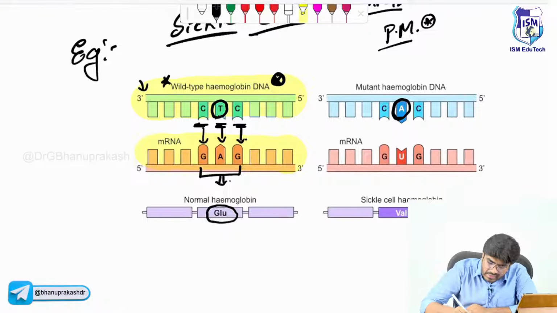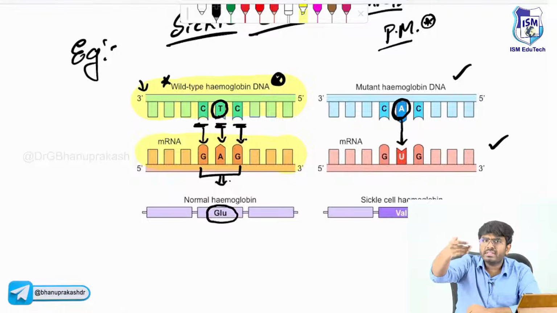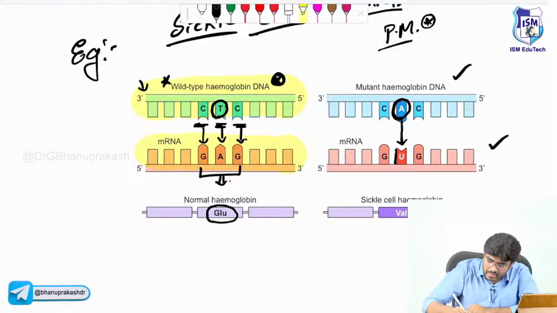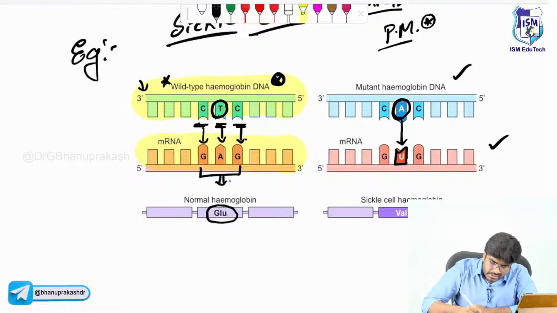Whenever there is a change in DNA, automatically there will be a change in mRNA also. Wherever there is adenine, the complementary base in the mRNA is uracil. So instead of A, you now have uracil.